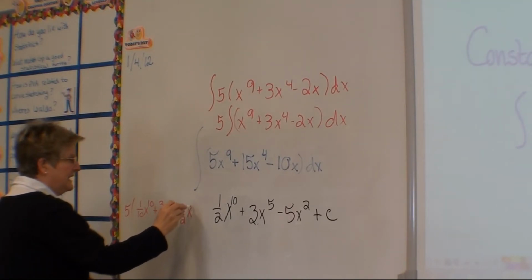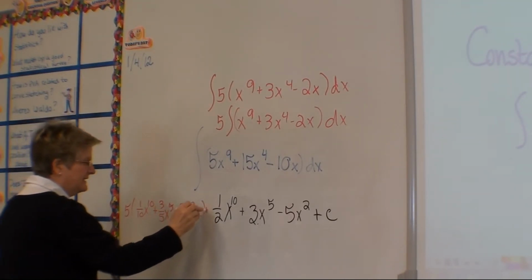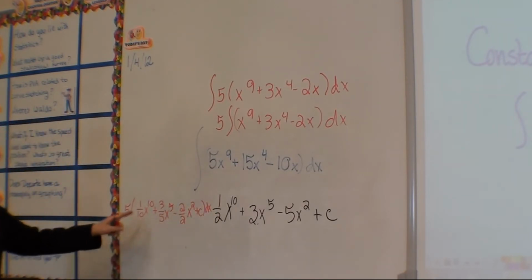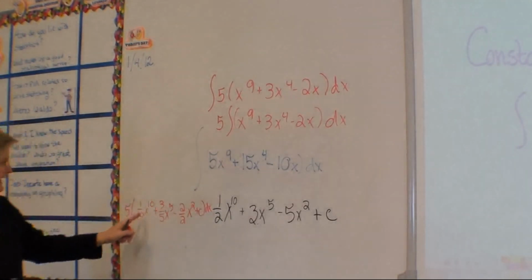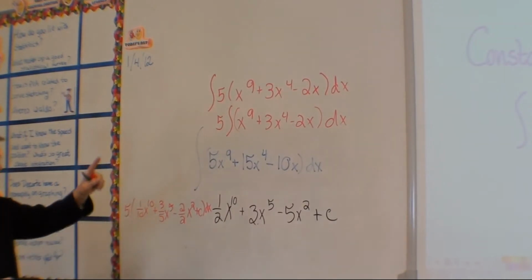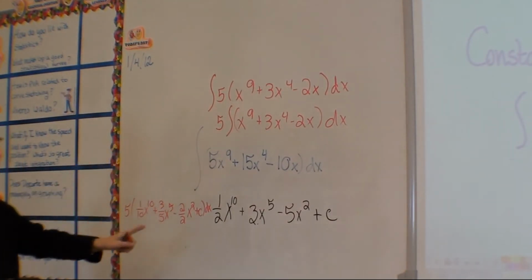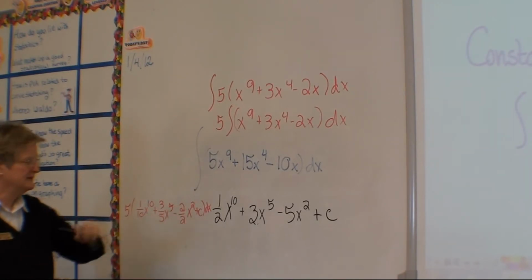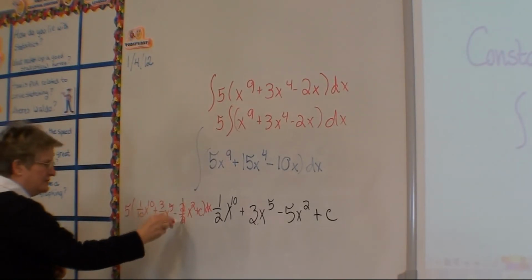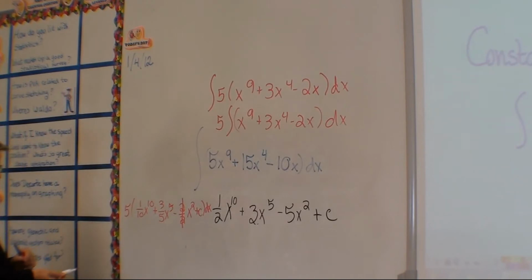Now, did I do that right? You're integrating this. X to the 9th is 1/10 x to the 10th. 3x to the 4th is 3/5 x to the 5th. Minus 2x to the 1 will be minus 2 over 2 x squared plus c. Well, that goes away. Nothing else will clean up.